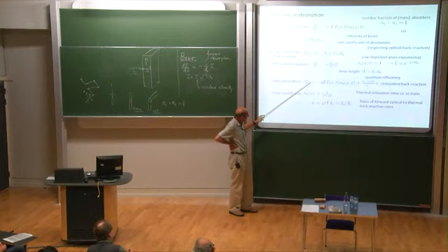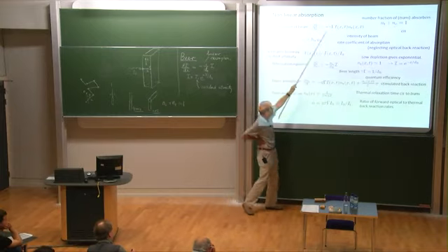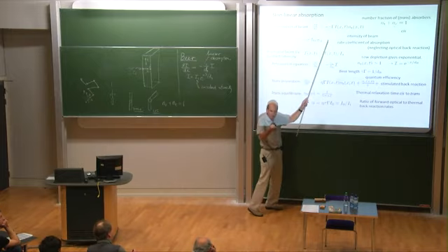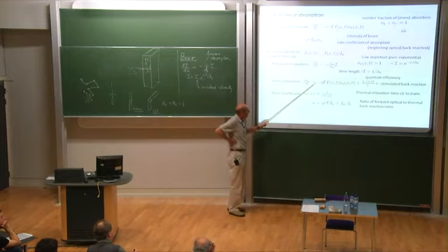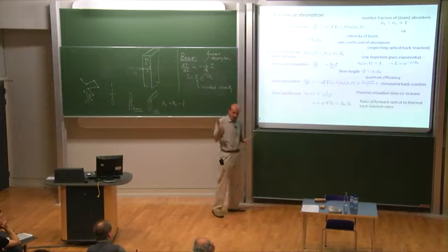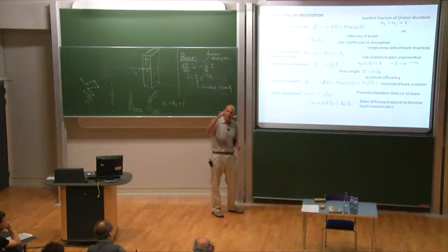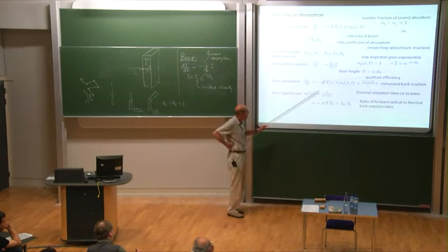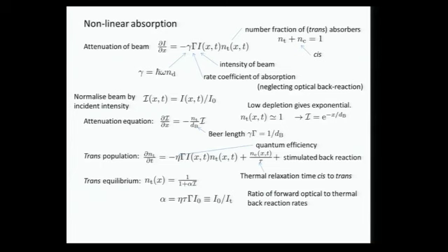So the rate of change of the trans population is proportional to the rate at which we have this absorption process times a quantum efficiency, which says how likely each absorption is to lead to the cis state and not just keep it in the trans state. It's a number of order 0.8 or thereabouts. And the trans population is restored by the decay of the cis population thermally, or we could do it optically, which is this bit that I haven't put in.